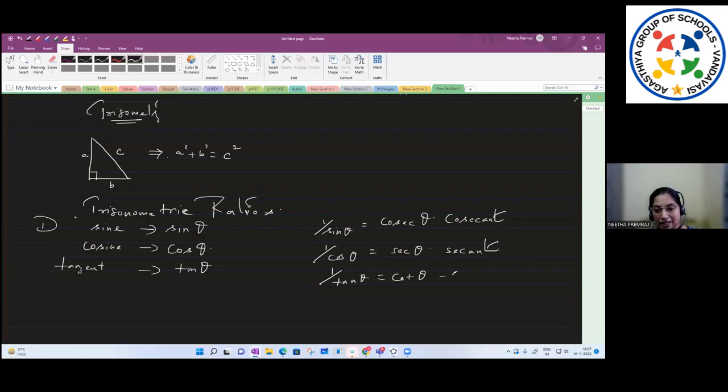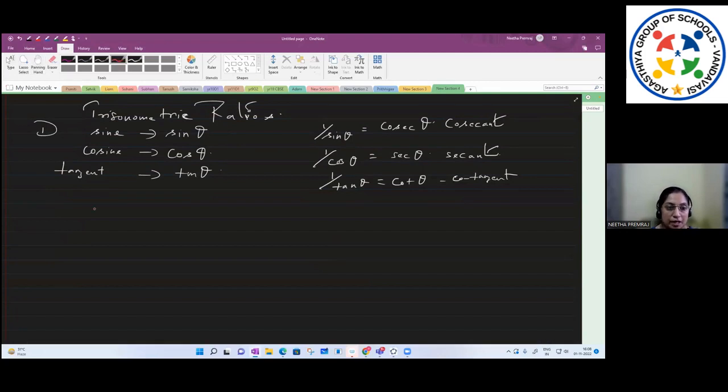Cot is cotangent, but in short form we mention cot theta. Now we will learn how to calculate these ratios using the angles in a right angle triangle.